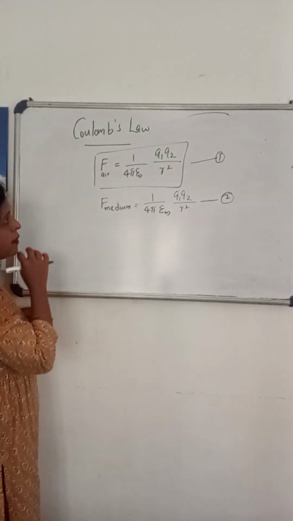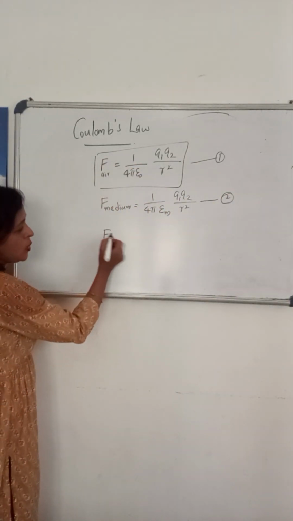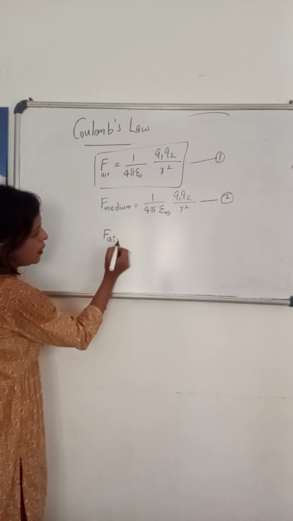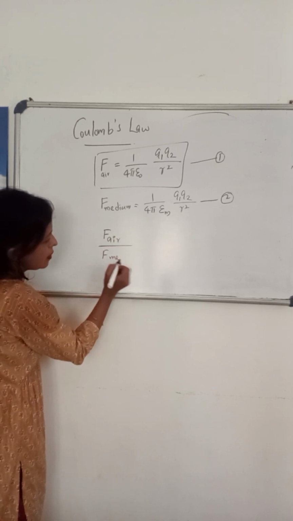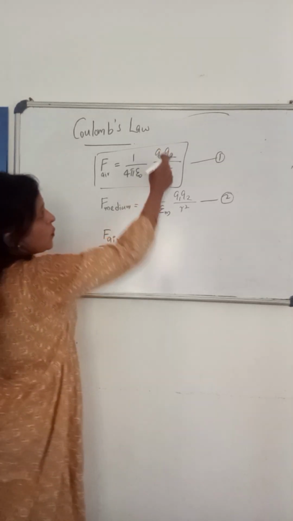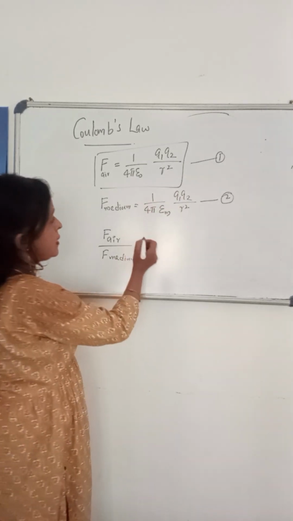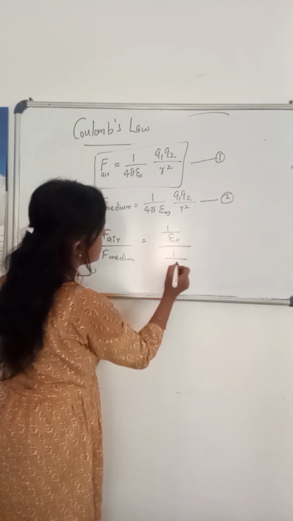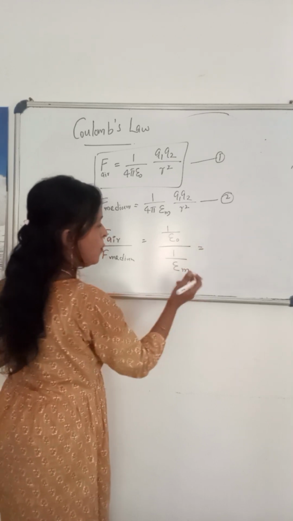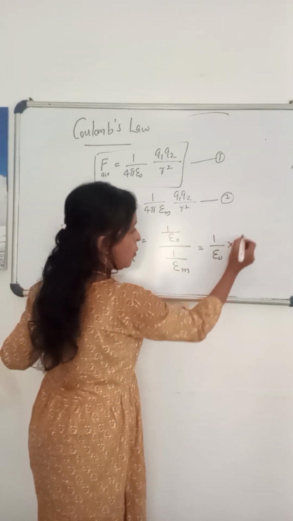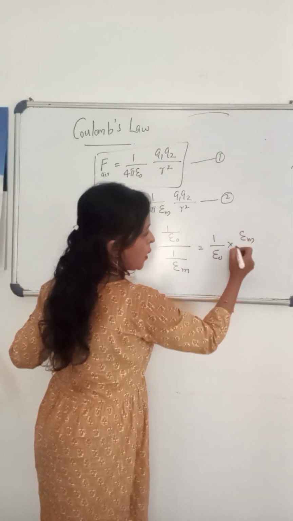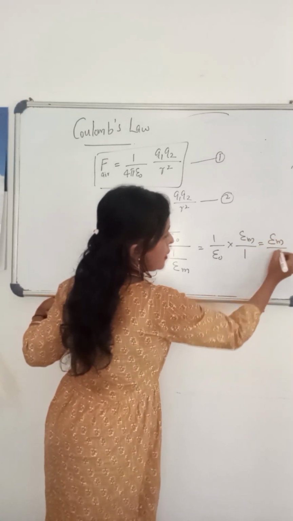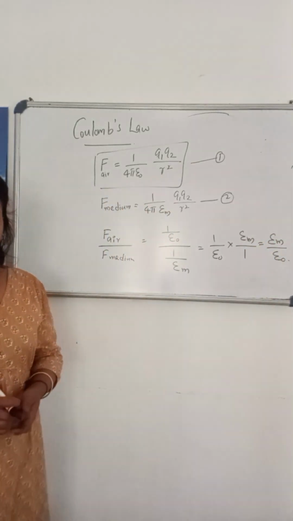And if we divide these two terms, F air divided by F medium, we know that Q1 Q2 and R square cancel each other. Only the terms 1 by epsilon 0 and 1 by epsilon m remain, which gives epsilon m divided by epsilon 0.